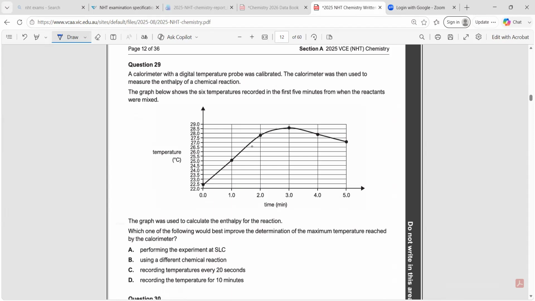Because then we would have been able to detect the minute temperature changes and accurately detect when it reaches its maximum temperature. Here it says it's at 3 minutes, but we don't know that for sure. For example, it could have gone something like this and then reached it, and that would be the maximum temperature. So actually recording the temperature every 20 seconds would allow us to know what the maximum temperature is.